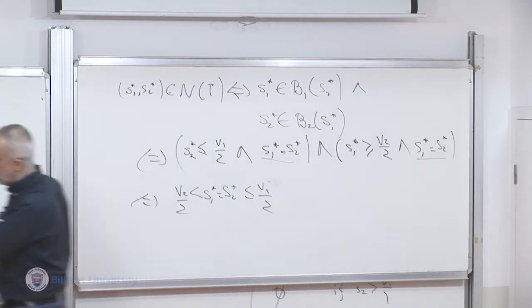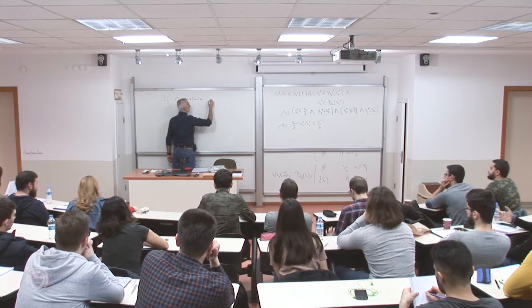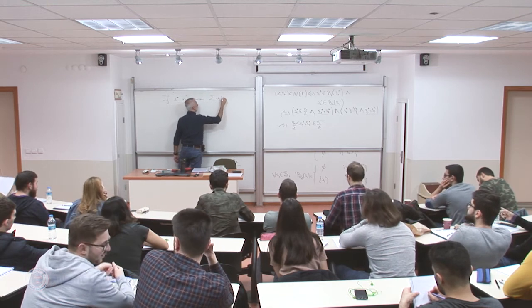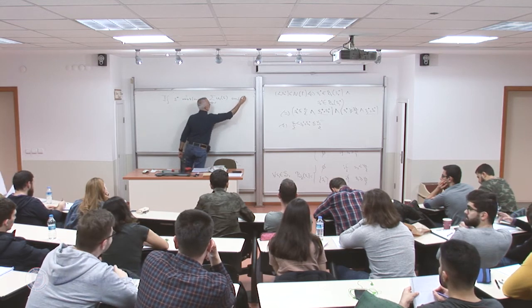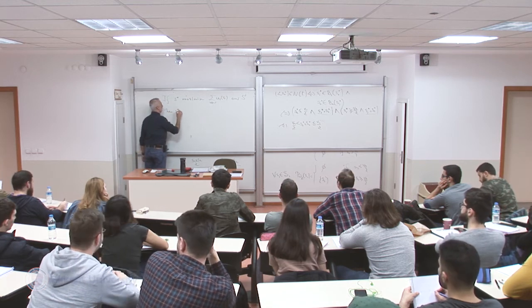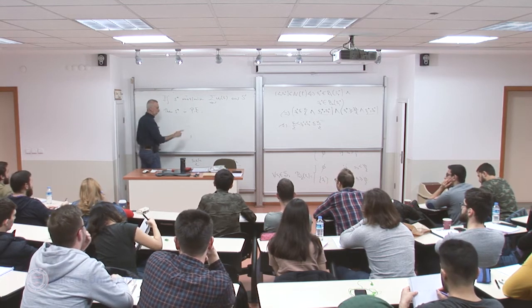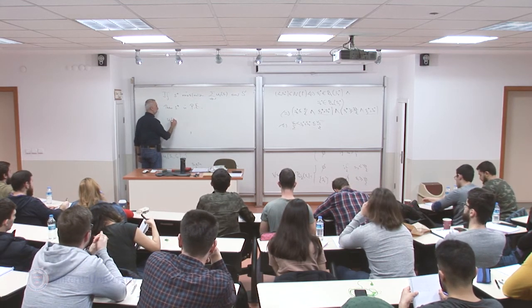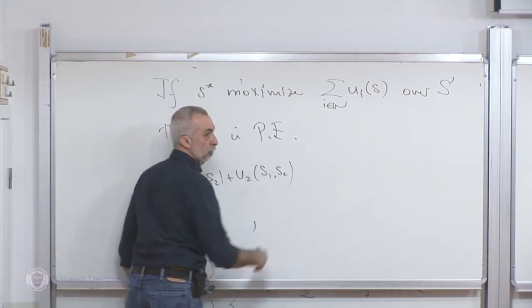If you remember, if S star maximizes the summation of ui of S, i in N, over capital S, then S star is Pareto efficient. So in this case, what is U1 of S1, S2 plus U2 of S1, S2?